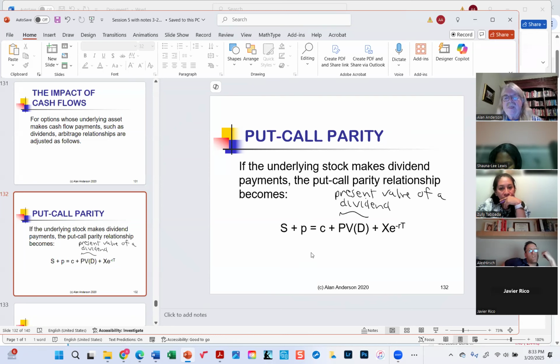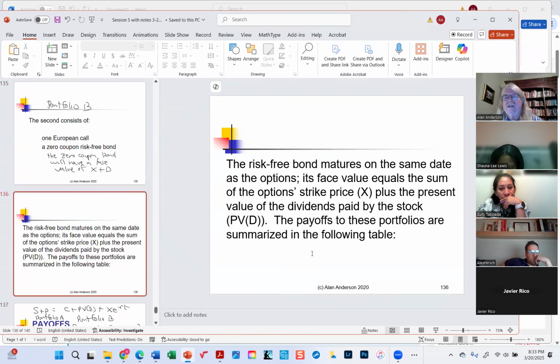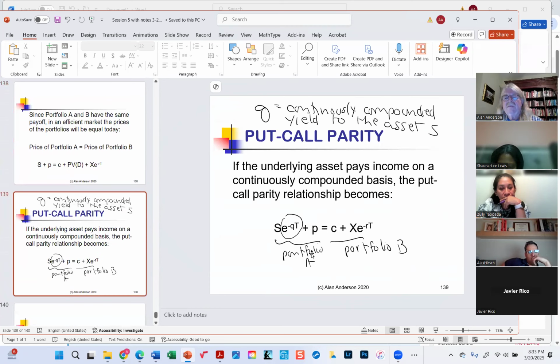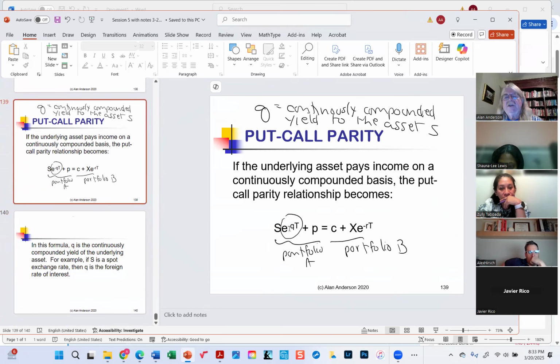When that happens, we can change it to look like this. Here it is. That Q is the yield on the asset S, whatever it happens to be. Compared to the original put call parity condition, this is the only new part. If S is an asset that provides cash flows to the owner on a continuously compounded basis, which we call Q, then this becomes the new put call parity condition.